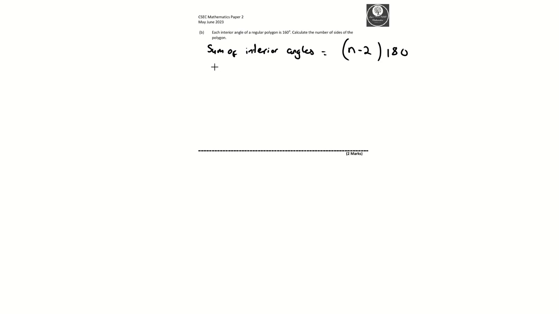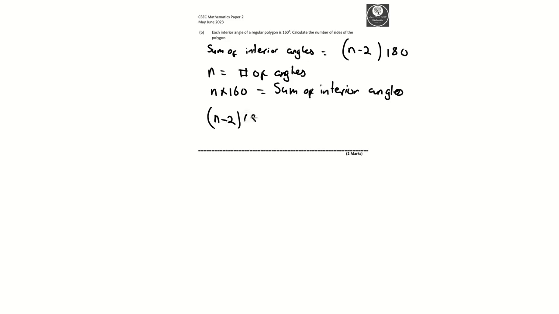We also know that n is equal to the number of angles. We also know that n multiplied by 160 would give me my sum of interior angles, because again, if it is a regular polygon, that means all angles are equal. So you're going to put (n minus 2) times 180 is equal to n multiplied by 160.